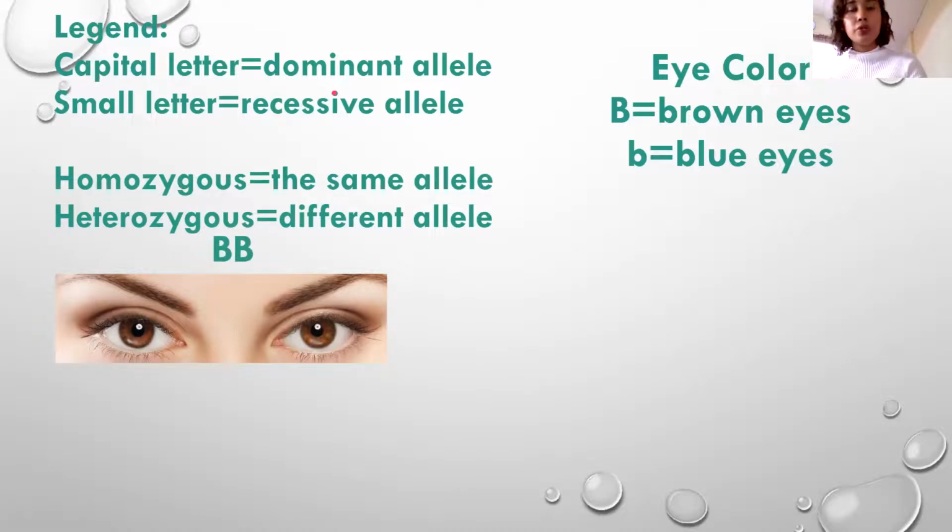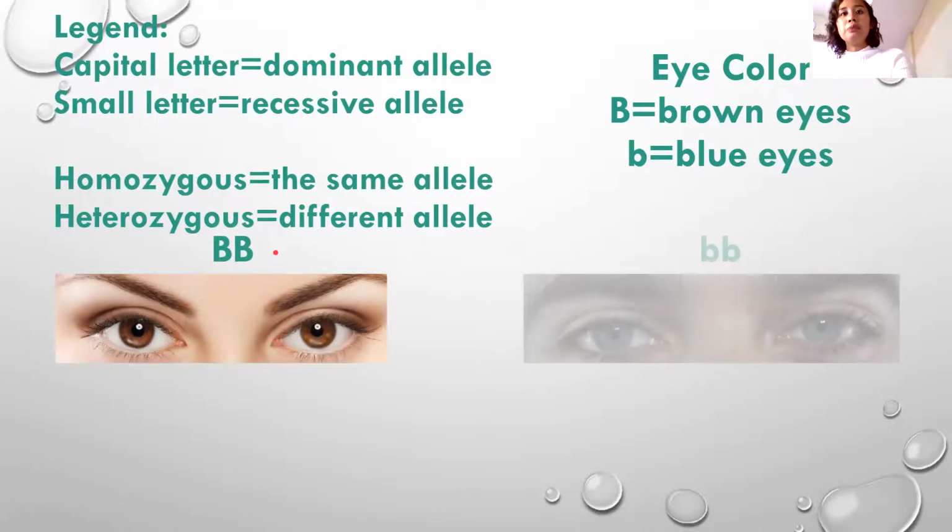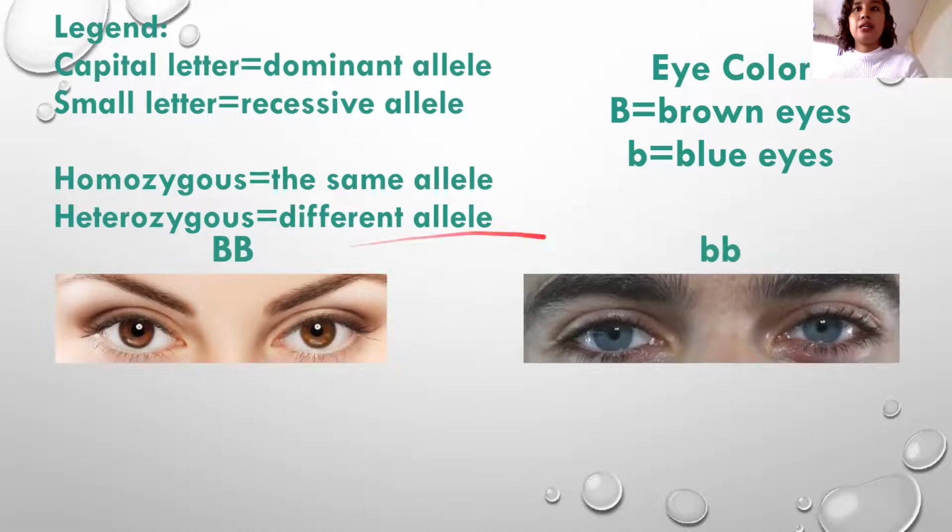So, homozygous dominant. Then she met a man with small b, small b. Small b represents the blue eyes, which is a recessive allele, and it's the same. So this guy has a homozygous recessive gene. So this woman has a homozygous dominant gene for brown eyes.